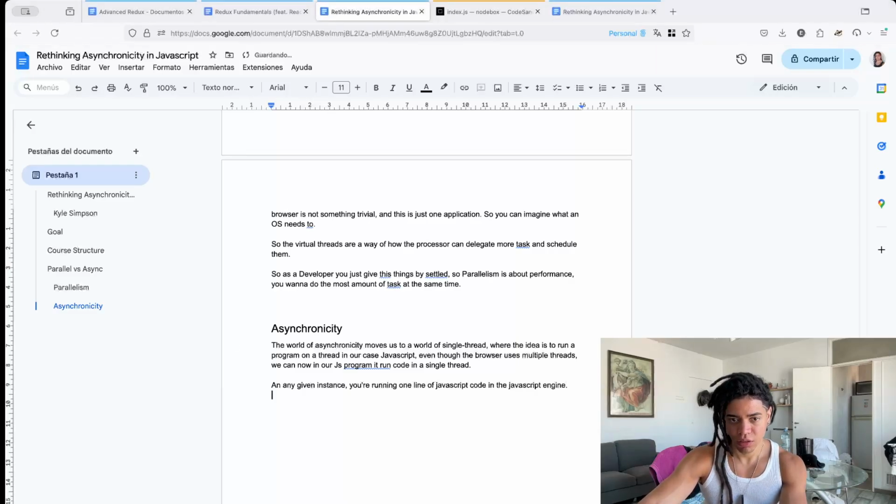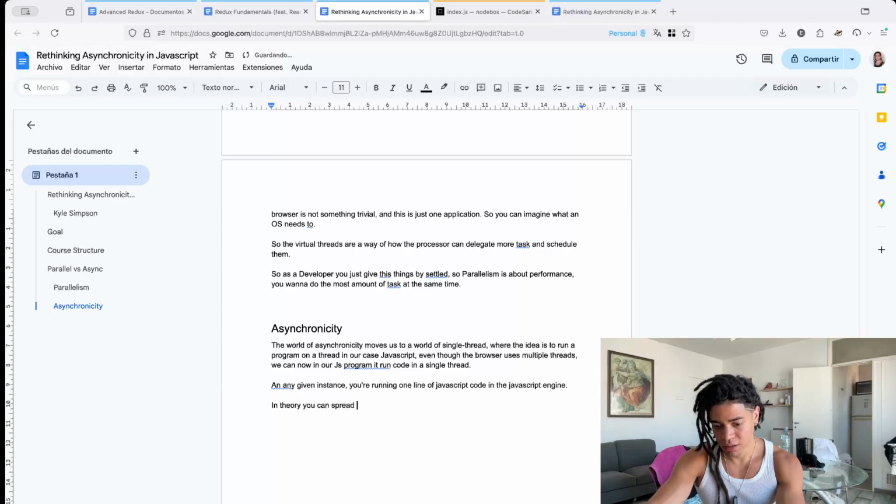So in theory, you can spread those instances across threads or cores and simulate parallelism. Okay, but can they communicate with each other?